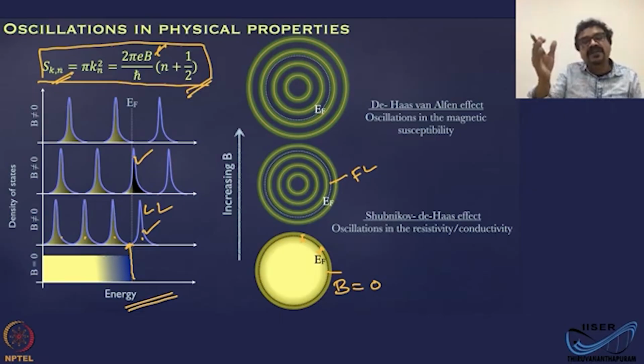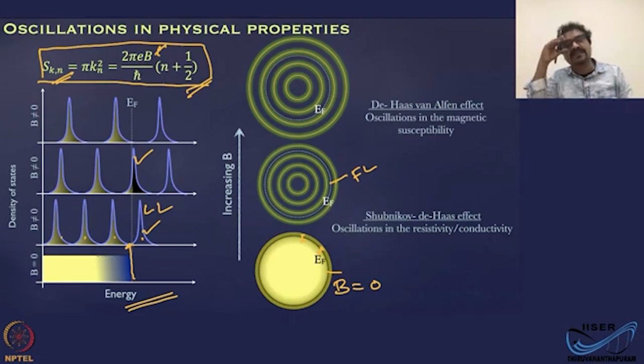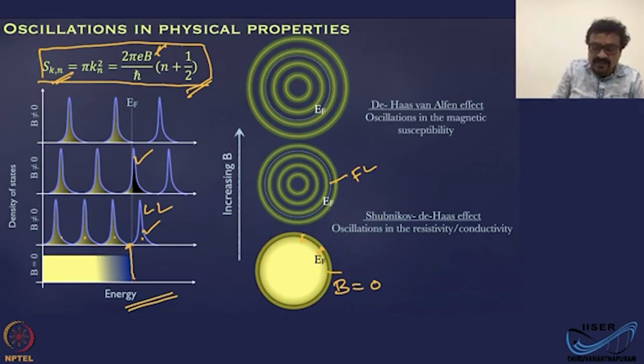Number of states will be there, but the moment the Landau level passes through the Fermi level, as shown here, the electrons in that particular Landau level need to jump back because above the Fermi level they cannot exist. So the moment this goes through here, all the electrons which were here now will go back here.